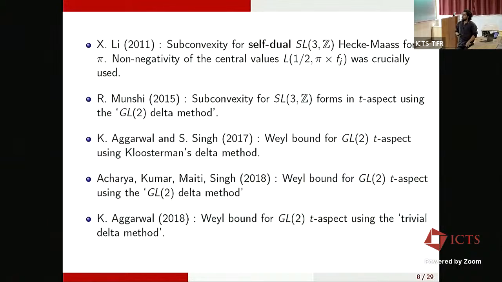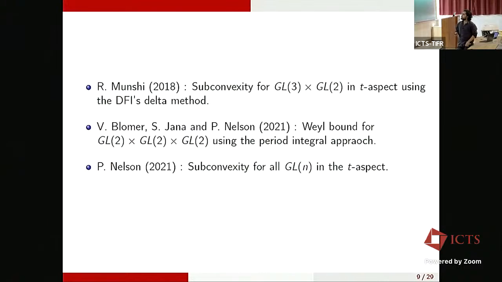Okay, so if you go higher, we have the following subconvex bound for GL3 cross GL2 in the T aspect by Ritabrata, but now in this case he used the DFI delta method. And we also have this nice result of Blomer, Jana and Nelson, who got the Weyl bound for this triple product GL2 L-functions.